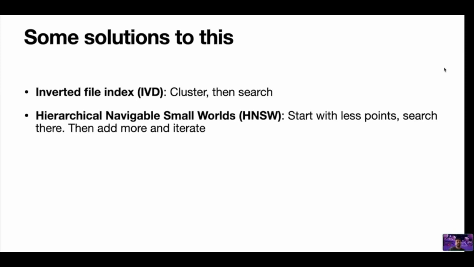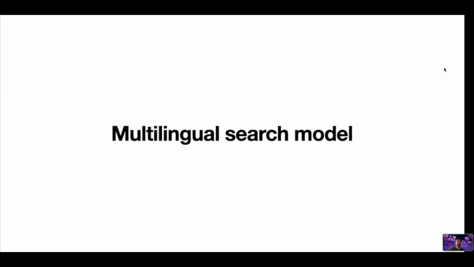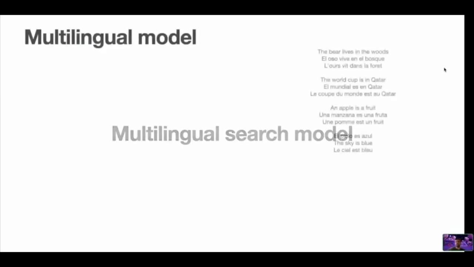So I'm going to tell you a little bit about what the embedding means in a multilingual search model. I made some sentences, and I hope my French is good. My Spanish is definitely good, but I'm 80 to 90% sure that those are correct in French.